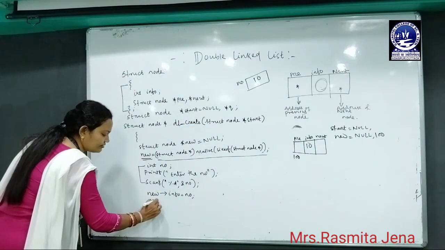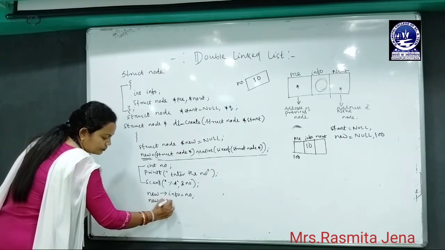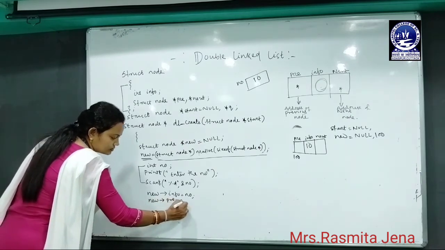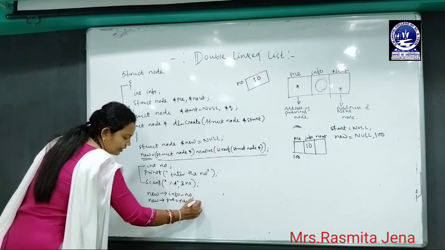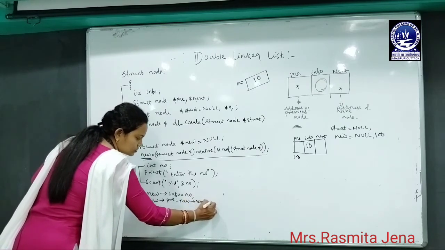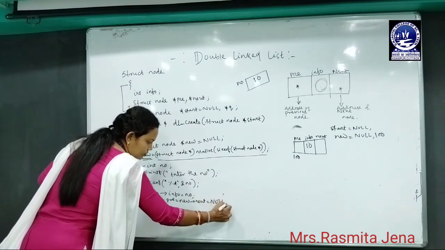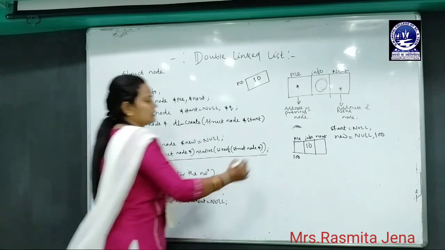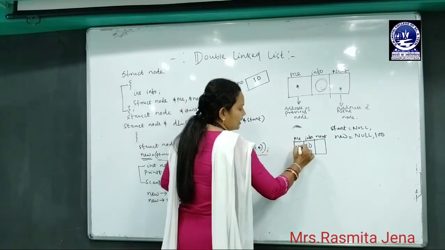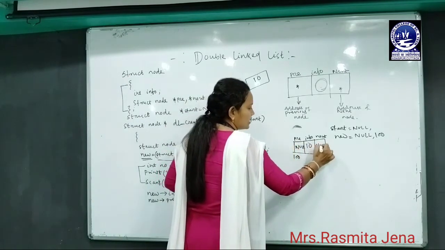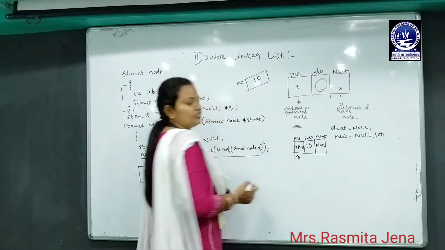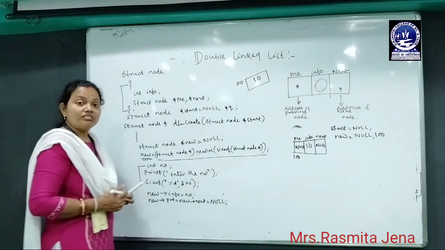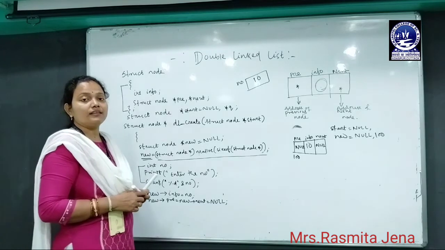So I can write new->pre equals to new->next equals to null. When I execute this, the null value is set at the pre part as well as the next part of the new node.